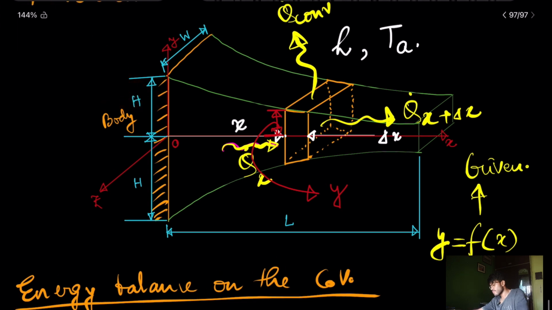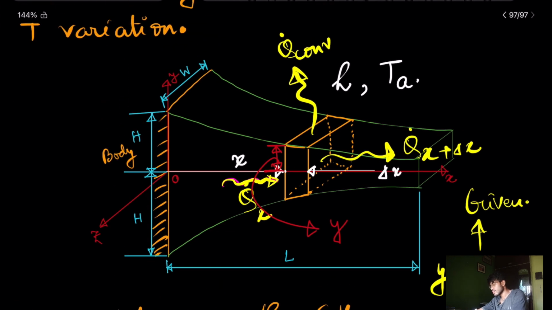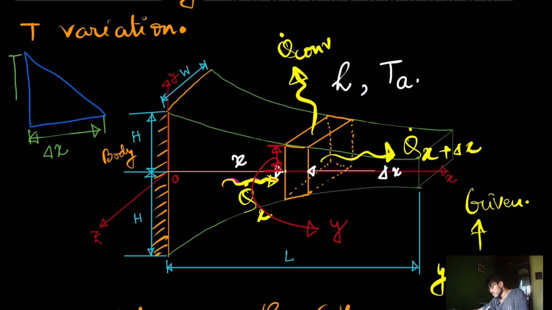If I draw it clearly here, this part is your delta x, this part is your delta y, and this part is your delta s.